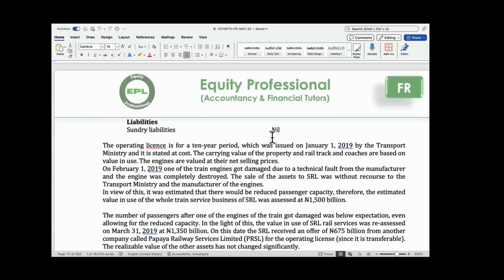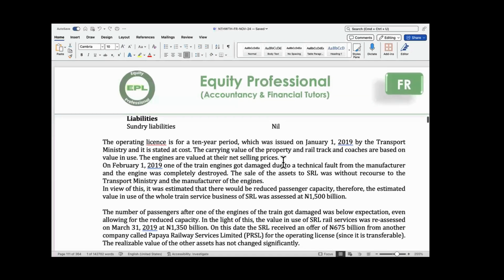Okay, that's that paragraph. What this paragraph is just doing is picking each of those assets one by one and telling us the one that is at cost, the one that is at value in use, and the one that is at net selling prices. All this information is useful to us. We're going to need it.